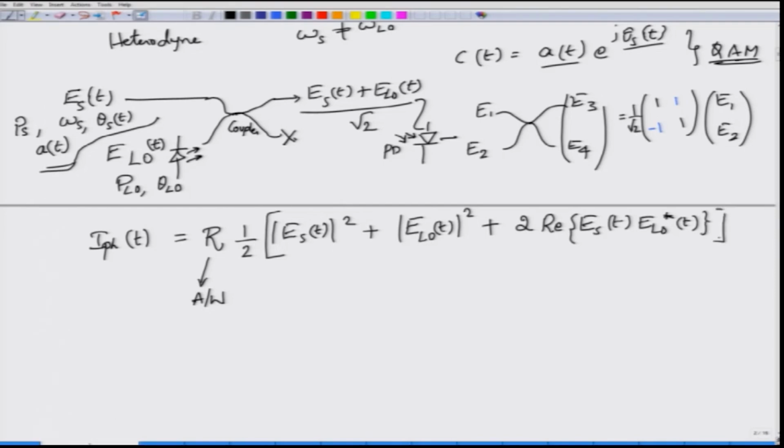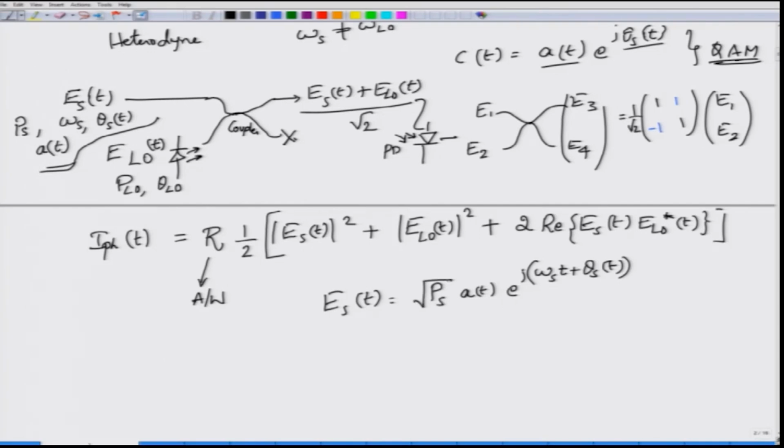If you are surprised by this, please remember that we have been following the phasor notation for the optical fields, right. Our incoming signal Es of t is actually given as A of t e to the power j omega s t plus theta s of t.